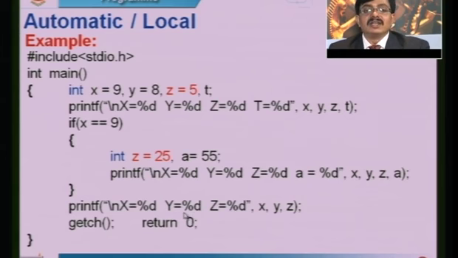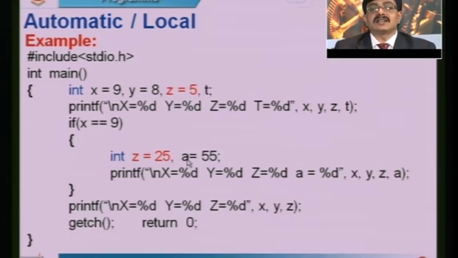So the lifetime of the locally declared z and a is within this if block only. When I come out of the if block, I will be referring to the z declared in the main block. So x will be 9 as usual, y will be 8, and z will print 5, not 25, because that z does not exist once I come out of this particular block.